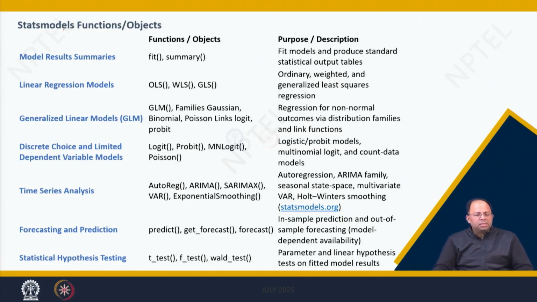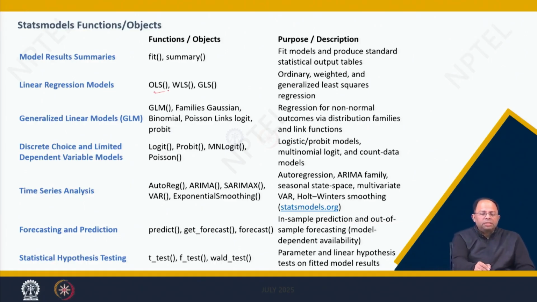The first category of functions is model results and summaries, such as fit statistics. Once we fit a model or a regression line, that standard output that comes out gives different measures of how good the accuracy or fit is, and it also gives the summary statistics using the summary function.